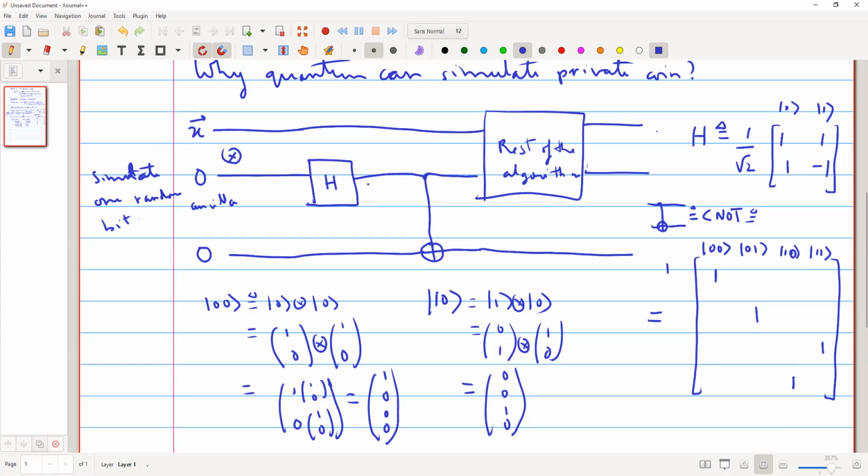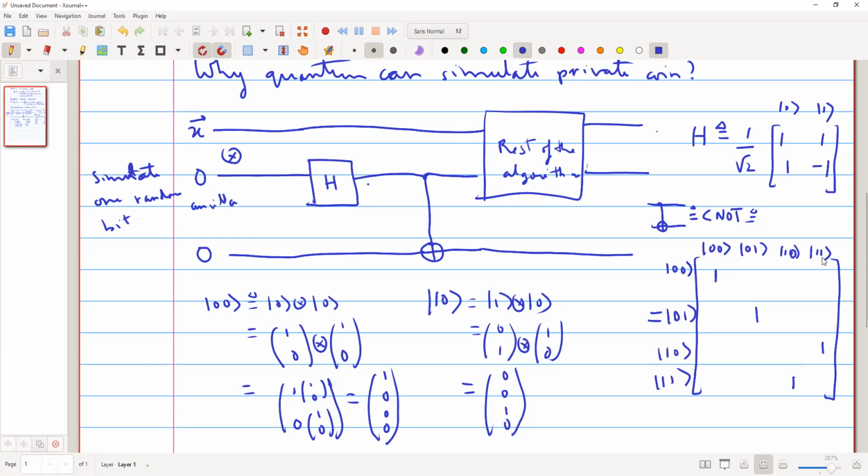Yeah, it's the same labeling. So you can see the input 1, 0 goes to 1, 1. So the control bit is 1. I do a NOT on the second bit, it goes from 0 to 1.